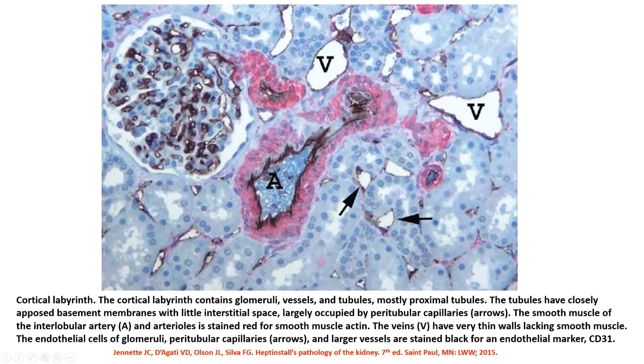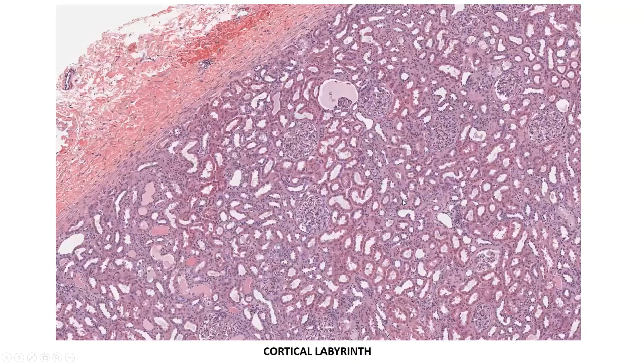You see that the glomerular capillaries as well as the vascular lining of the arteries, arterioles, venules, and capillaries have all been stained brown, meaning that they are CD31 positive structures. At the same time, the thick-walled arteries, that is the interlobular arteries, and the arterioles have the reddish, fast red stained smooth muscle actin within their walls, while the venules and the capillaries do not have smooth muscle actin.